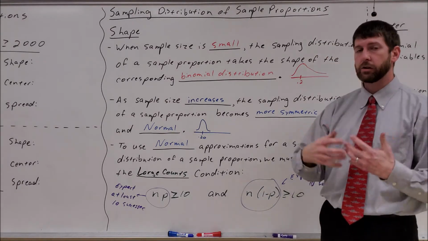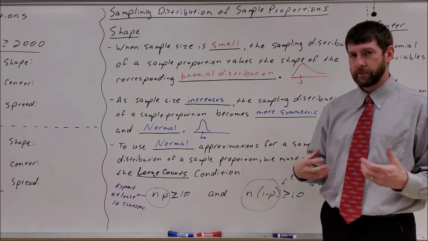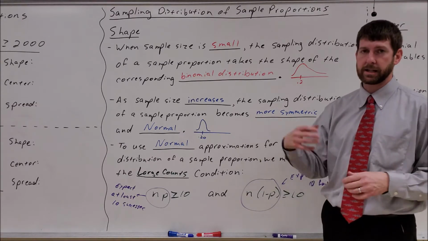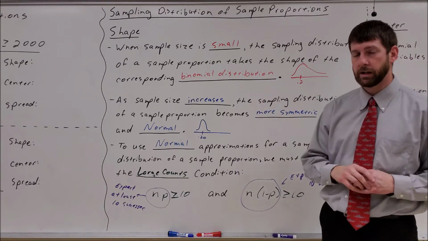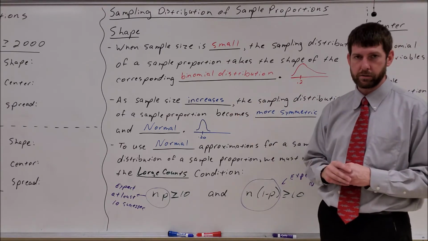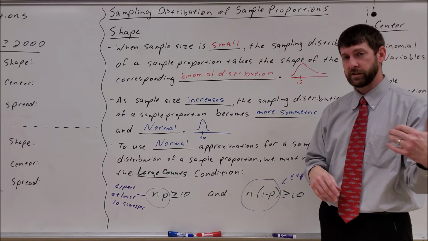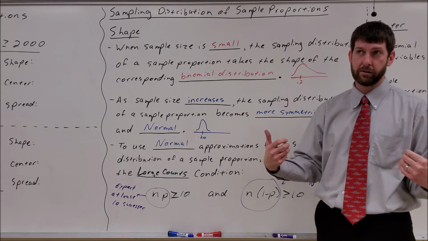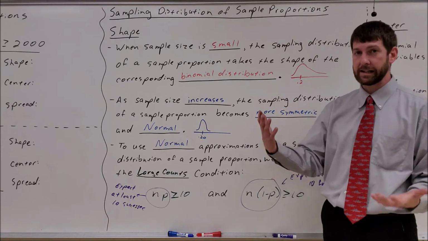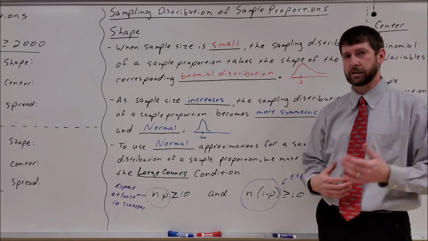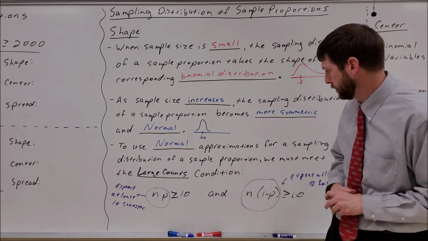So if I have a large enough sample that we're expecting at least 10 successes and at least 10 failures. If I'm dealing with a 20% success rate, I need at least 50 total individuals, because 20% of 50 is 10, and 80% of 50 is 40. That gives me at least 10 for what we would expect the redheads and the non-redheads to be.